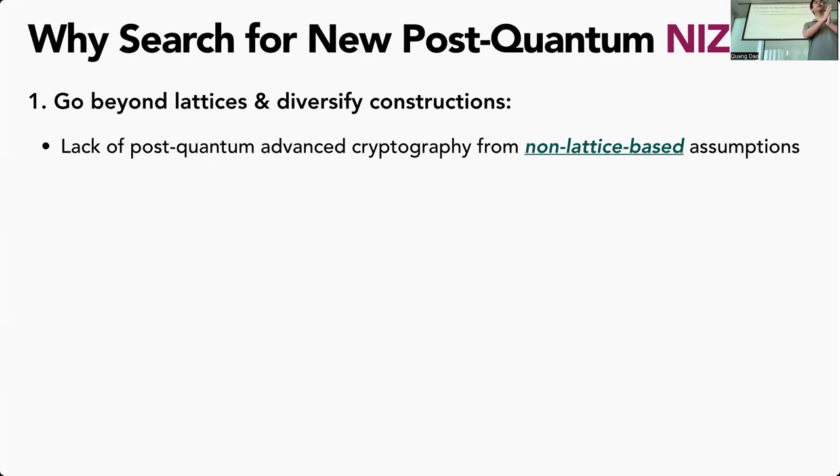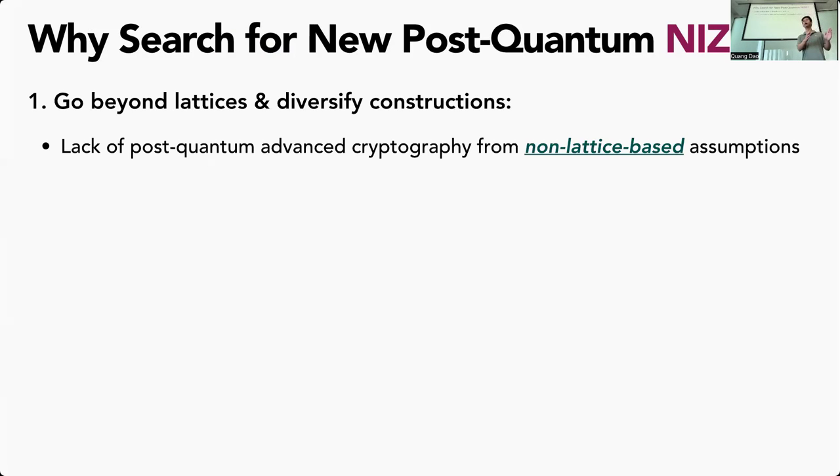Okay, so let me try to further motivate why we should care about this task. The first is that we should always be trying to diversify the constructions for a given primitive. Because what if one assumption gets broken?